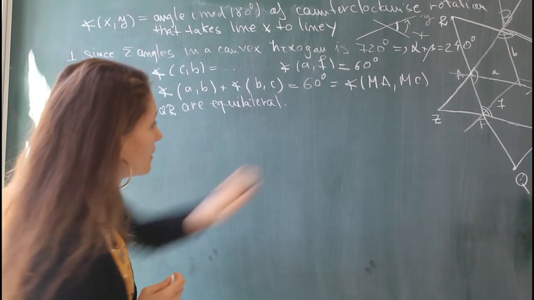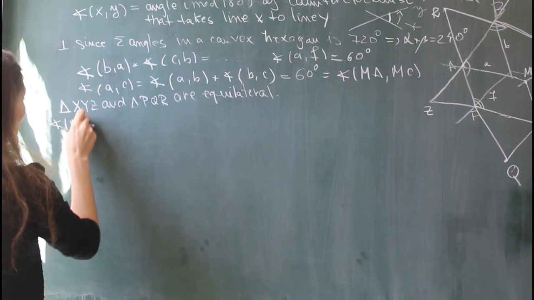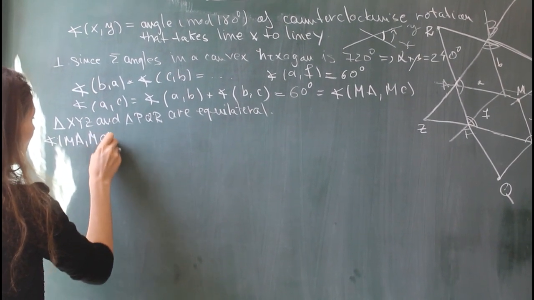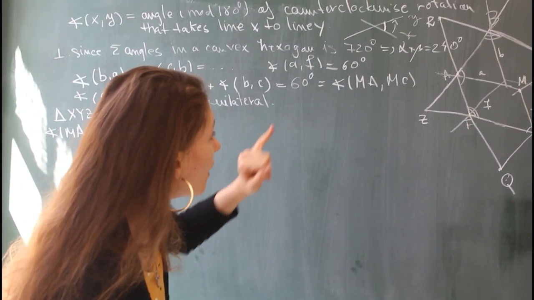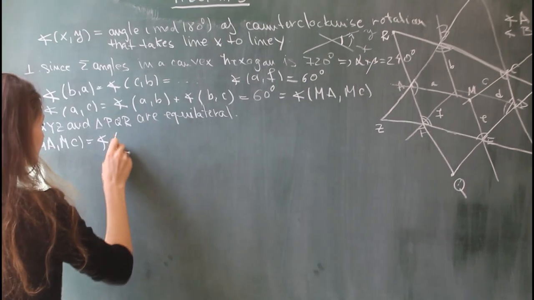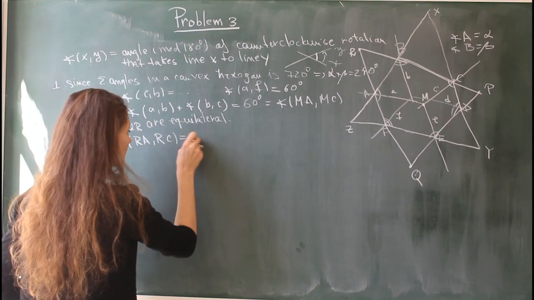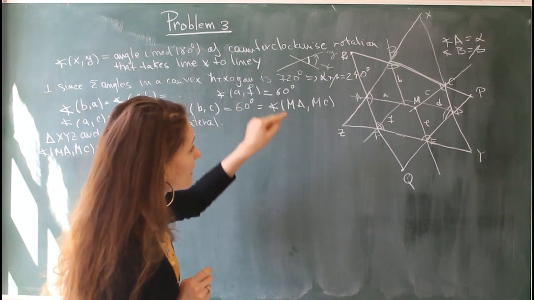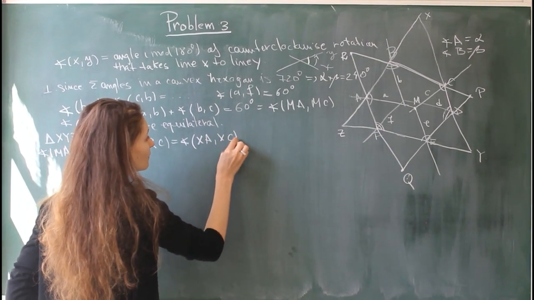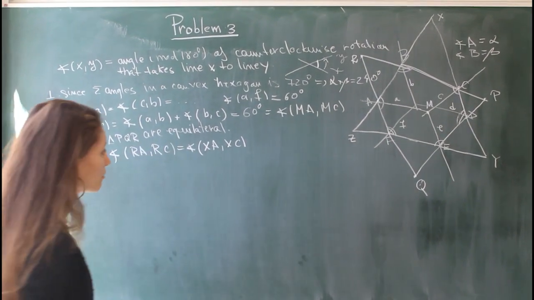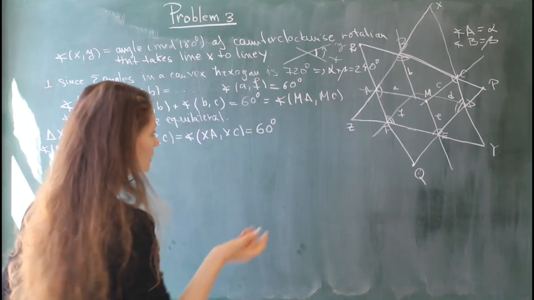Moreover, from what we discovered here, the angle between MA and MC is the angle between RA and RC, and is the angle between XA and XC, from the fact that the triangles are equilateral and these angles are equal to 60 degrees.